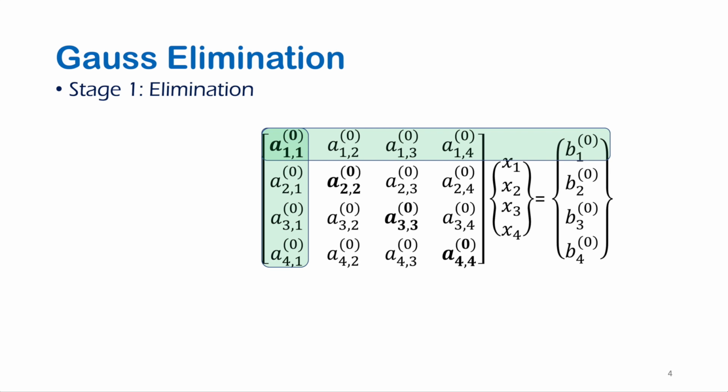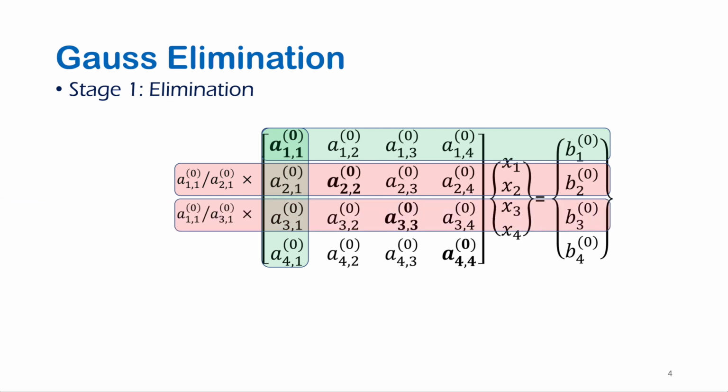The factor is equal to the main diagonal element corresponding to the fixed row divided by the first element of the corresponding row. So, the factors will be A11 divided by A21, A11 divided by A31, and A11 divided by A41.